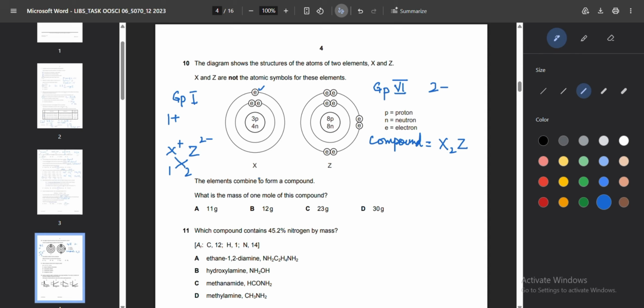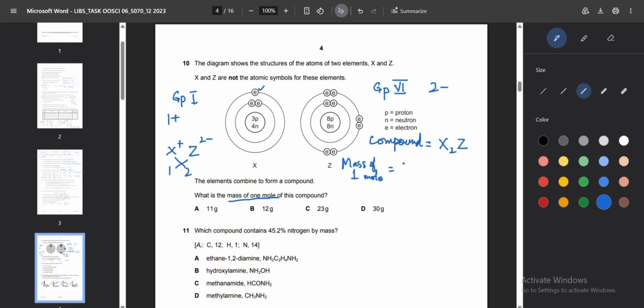Now next we are asked to calculate the mass of 1 mole, or the molar mass, of this compound.